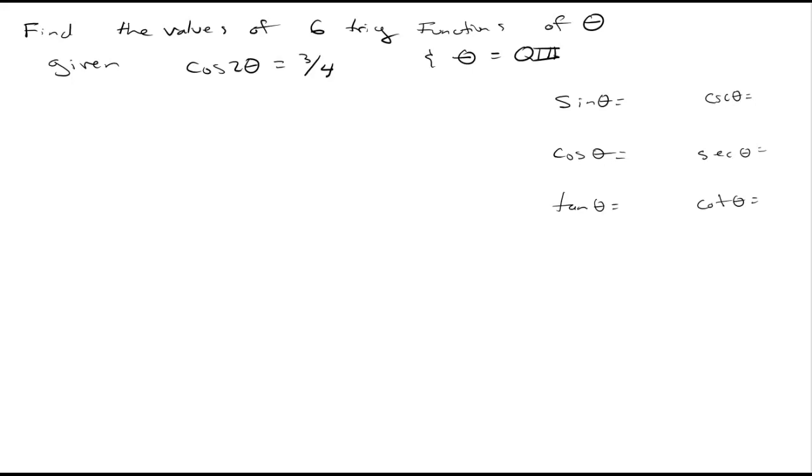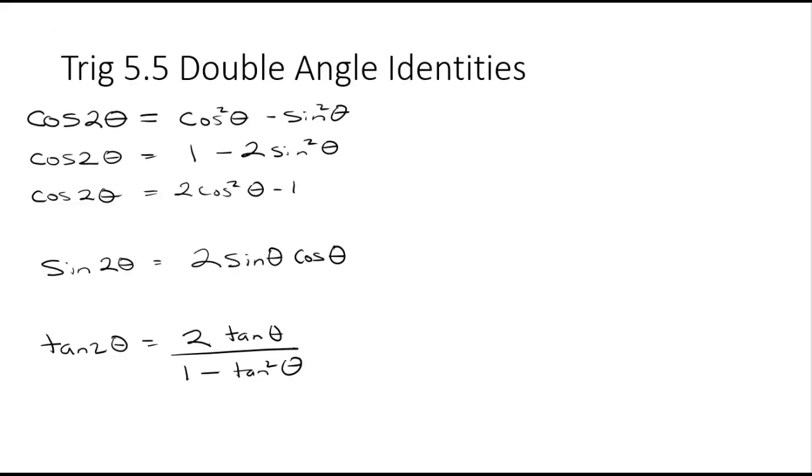So I know that for the double angle of cosine, I have 3 different ways I can write it. I'm going to replace one of these equations with my fraction. Now, if I look at my top equation, I have 2 trig functions, so this one probably is not the best one to use. But I notice that the bottom 2 only have 1 trig function, so I'm going to use either this one or this one.